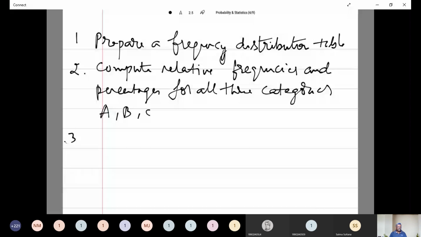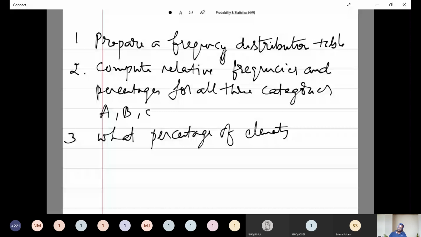What percentage of elements in the sample belongs to category B?